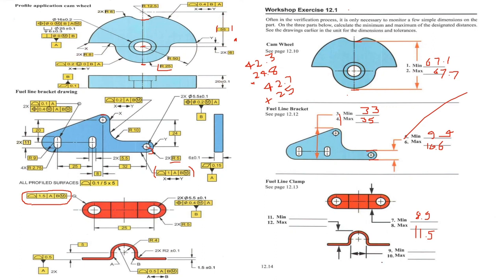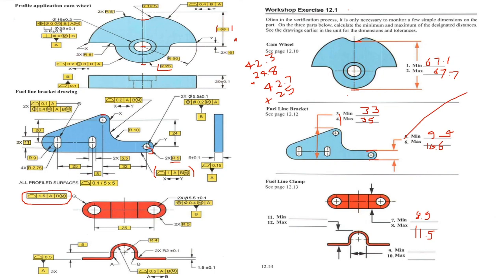Then for this 9 and 10th number, it's here, this one. From A to B, the profile tolerance is 0.5 with the same maximum material boundary, and this radius is 4.